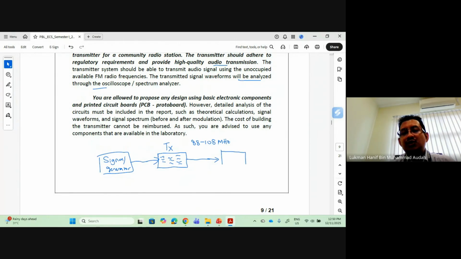Okay, your transmitter should be able to transmit at this frequency, and this transmitter should be connected to the oscilloscope. So this is an oscilloscope. Okay, so we want to measure your output frequencies. The oscilloscope should be connected to the output, and I also want you to connect the oscilloscope at the input. So at the input from the signal generator, I also want you to measure the input signal at the oscilloscope.